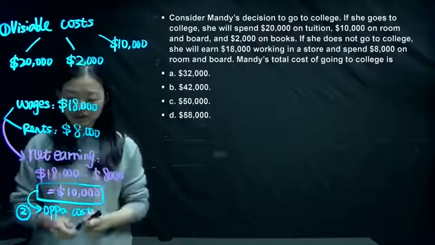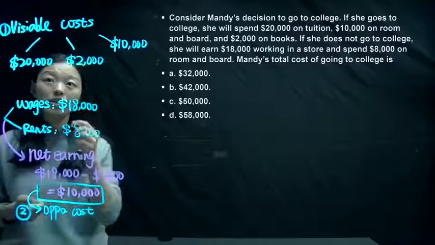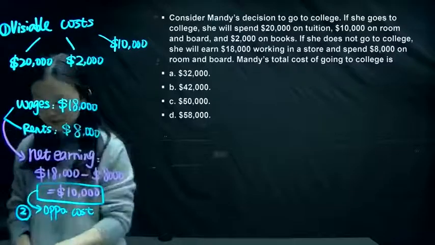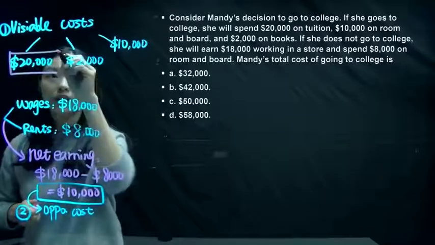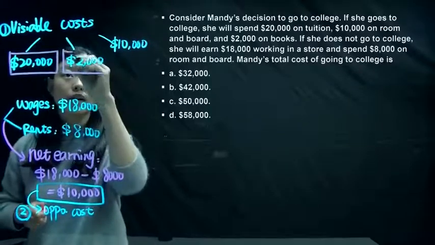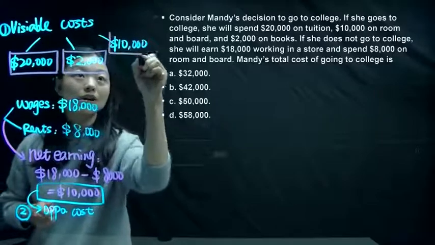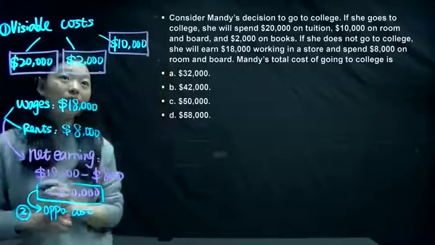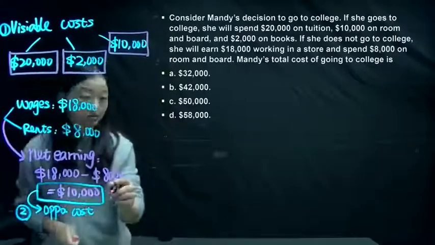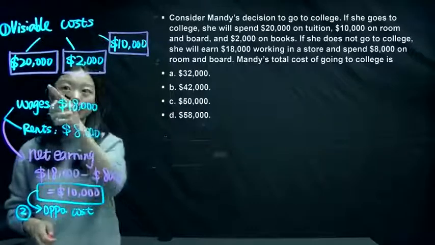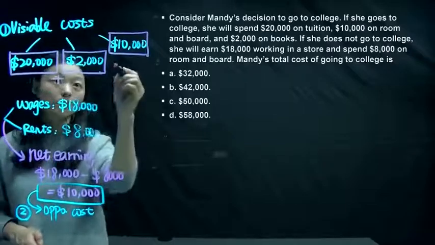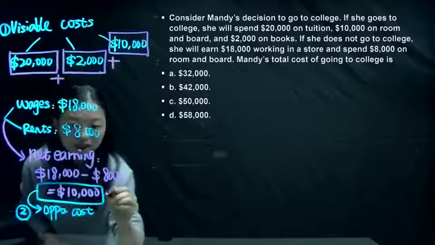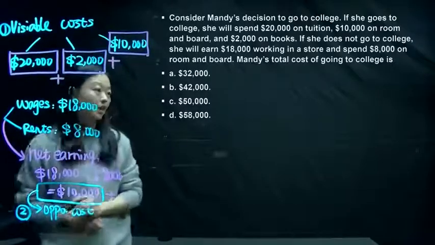Therefore, the total cost now includes two parts, visible cost plus opportunity cost. Okay? So what's the answer? You just need to sum those numbers, right? Those are the cost out of Mandy's pocket and the opportunity cost. Okay, so totally you add those four numbers together. You add these two numbers and then those numbers together.